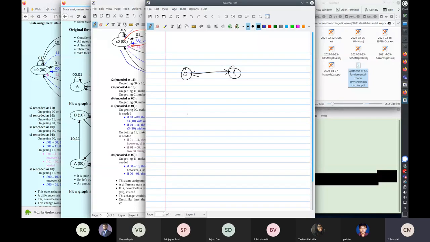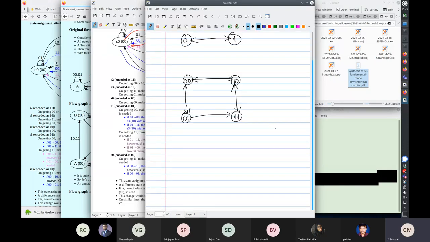Suppose you have two bits. So with 2 bits, you have 4 possibilities: 0 0, 0 1, 1 0, 1 1. And these are transitions that involve a single bit change. So this is a hypercube of 2 bits.